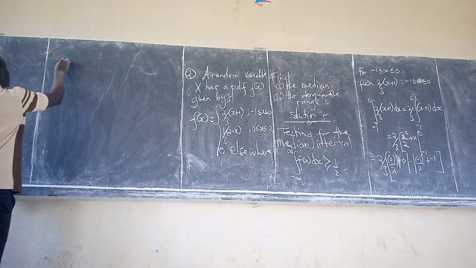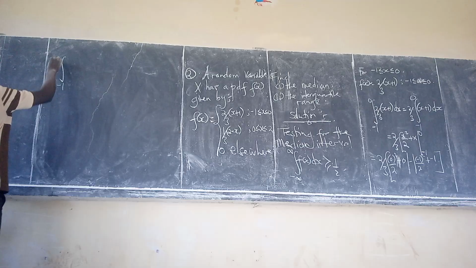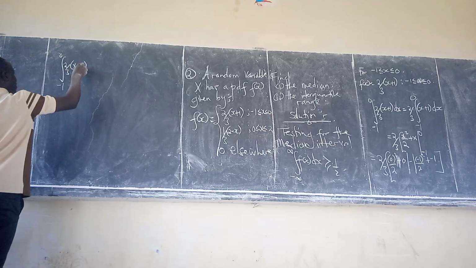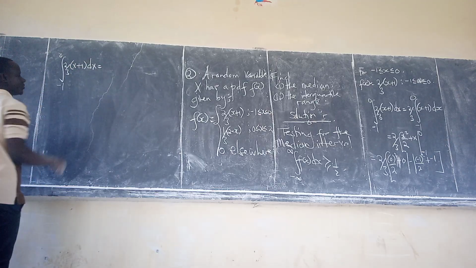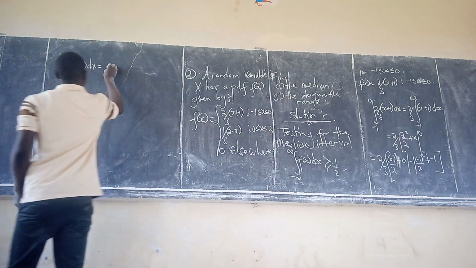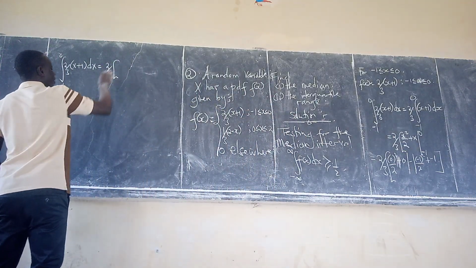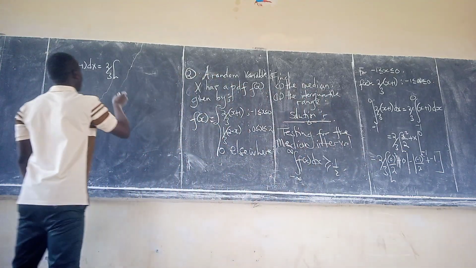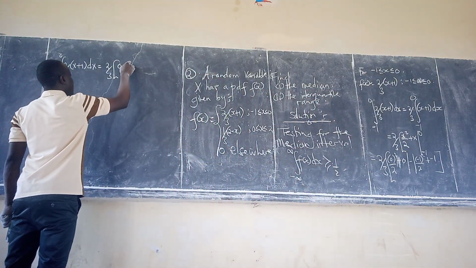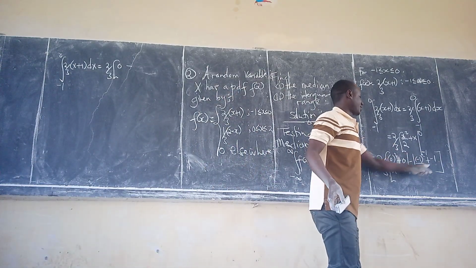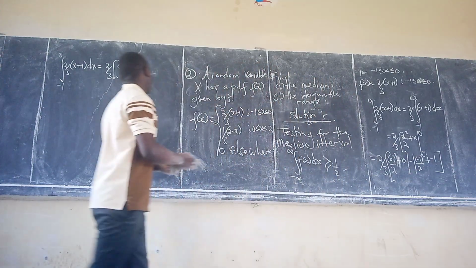So my integral from negative 1 to 0 of 2 over 3 into x plus 1 dx is going to be 2 over 3. When you work out the first part, it gives a 0. Now minus, this is half minus 1, which is negative half.